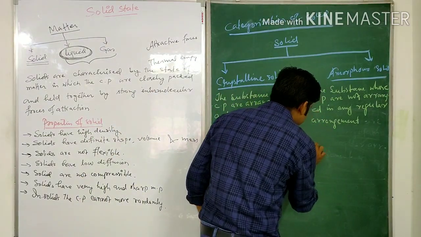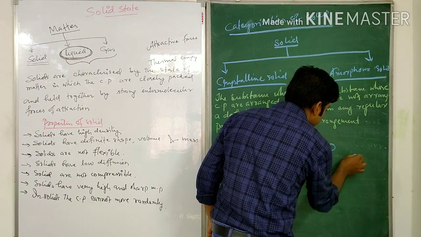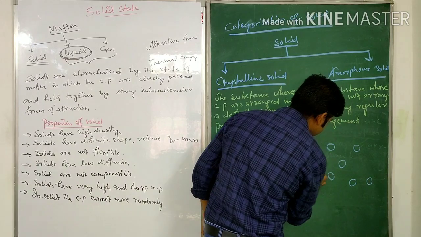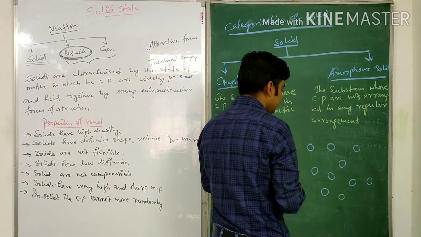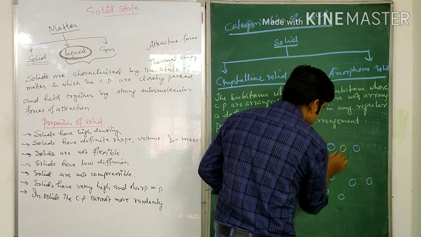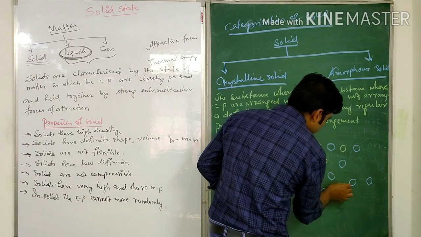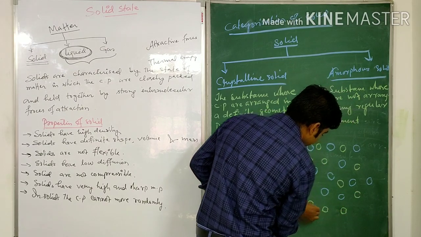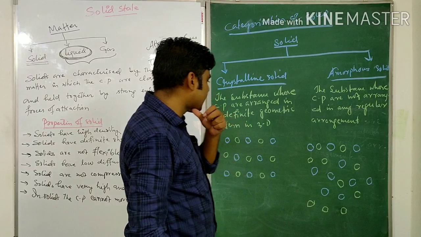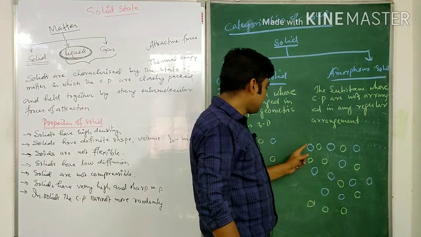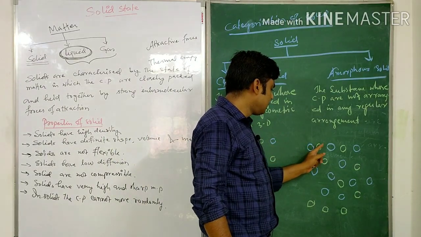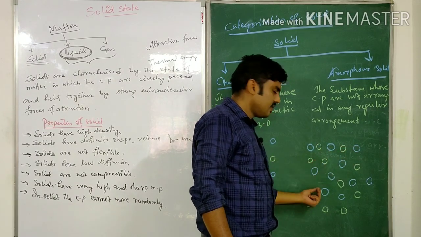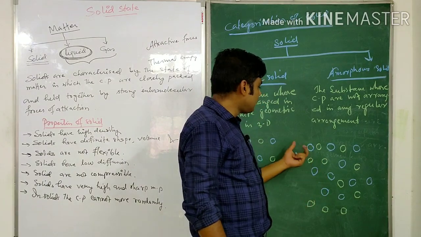The pattern exists only for short range, and after that it is destroyed, and the atoms are arranged randomly, haphazardly. Here we see the pattern only for short range, blue, green, again blue. After that, green, blue, which means the pattern is destroyed.